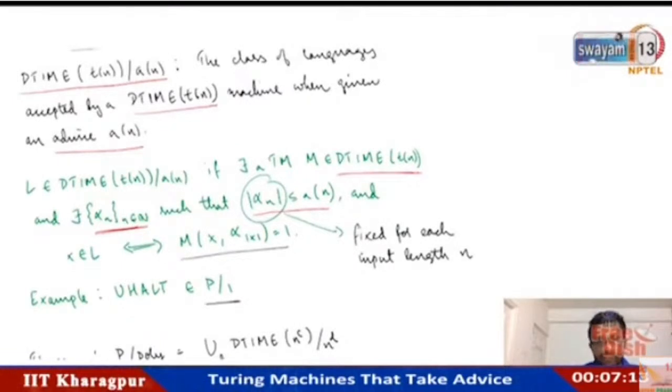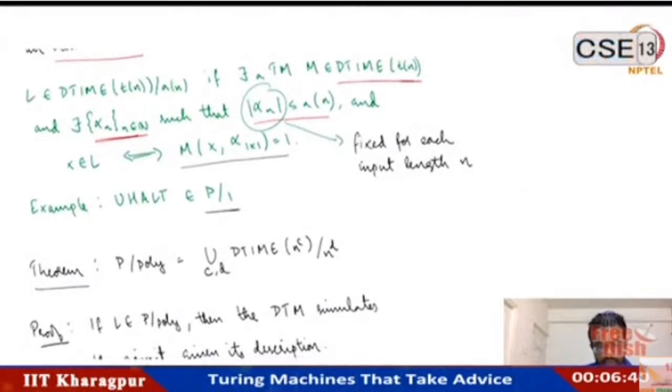We could say 0 when there is no string of length k in the language, and you could say 1 when there is only one string, that is 1^k, that is in the language. So UHALT is actually in P/1. If there is a class of smaller size than P, then we could have that as well.